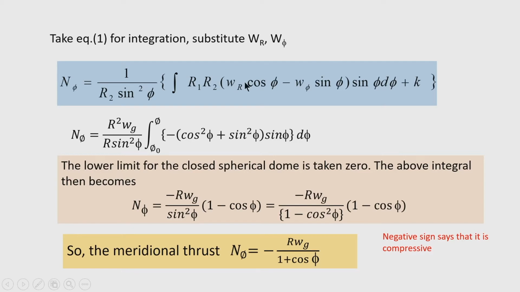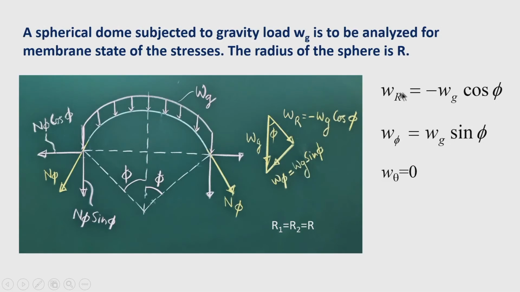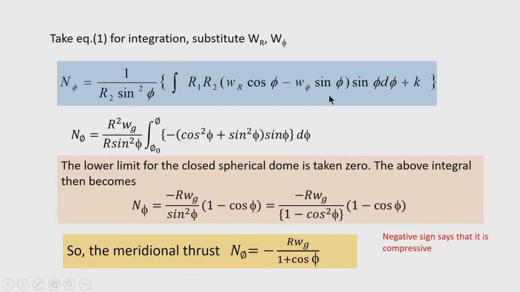Now substitute the values of W r and W phi as obtained earlier by resolving W g into the respective directions: one along the normal, radial direction, and another along the meridional direction. Taking W r equal to minus W g cos phi and W phi equal to W g sin phi, W r is substituted in terms of W g and cos phi, and similarly W phi in terms of W g and sin phi, and one is with a minus sign.